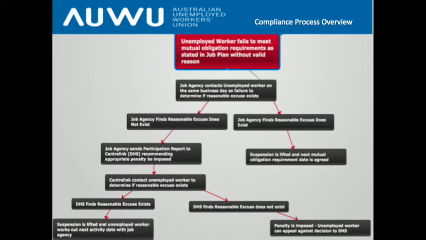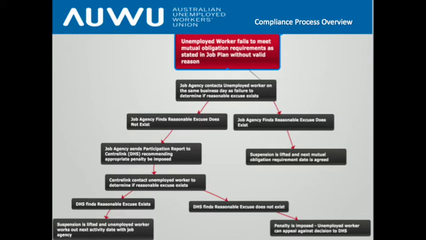Because it's important to remember that under Social Security law, job agencies actually can't make compliance decisions. Every compliance decision needs to be made by Centrelink. All job agencies really do is pass on reports to Centrelink, and then Centrelink make the final decision.